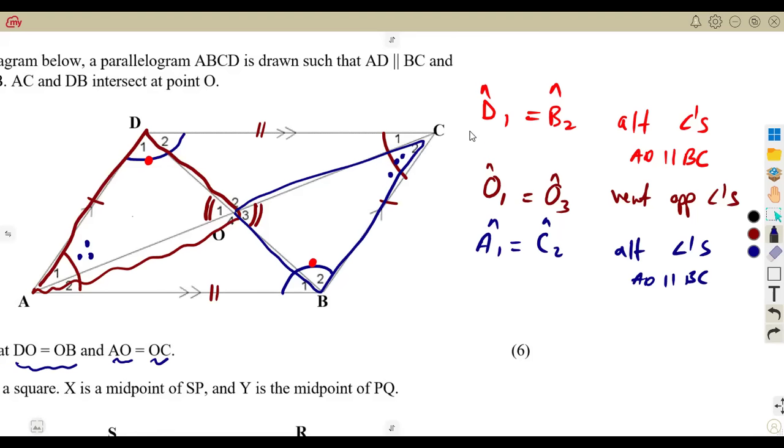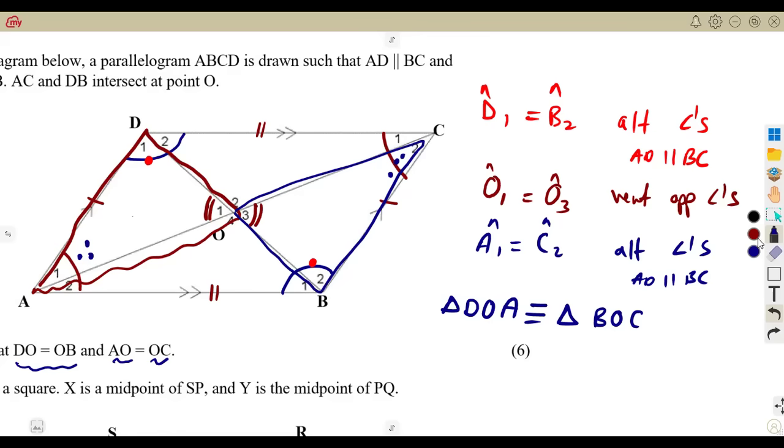So it simply follows that triangle DOA, or triangle AOD, as long as you're taking equal angles in order, is congruent to triangle BOC.